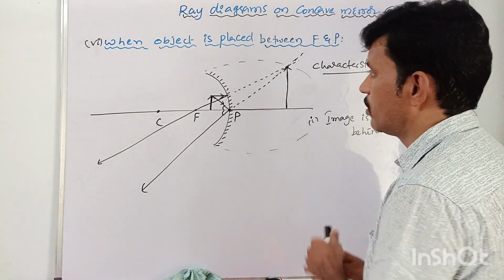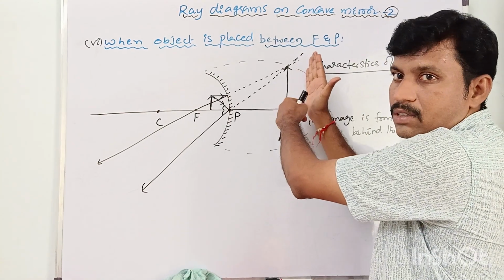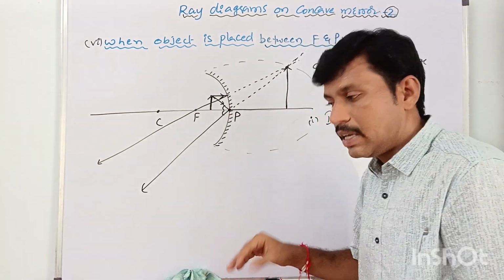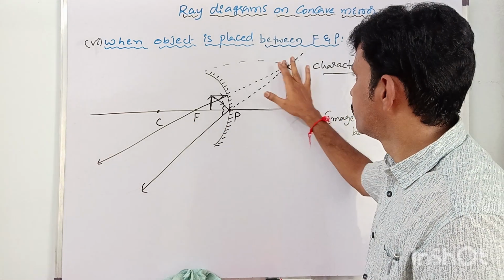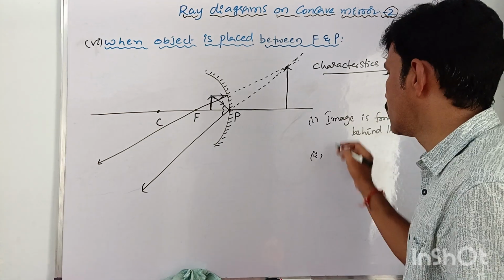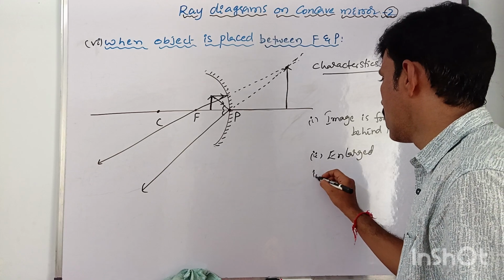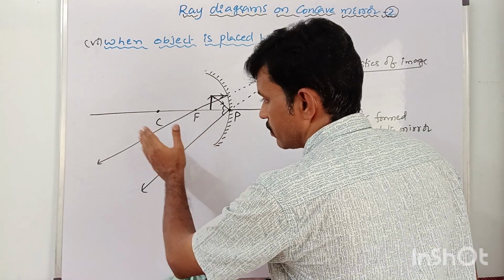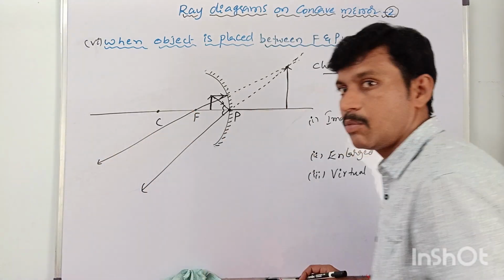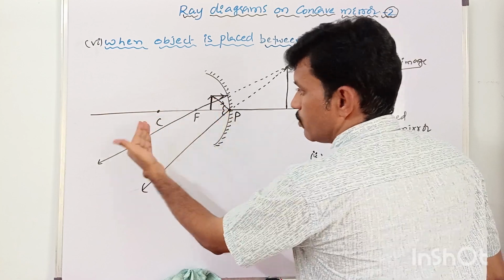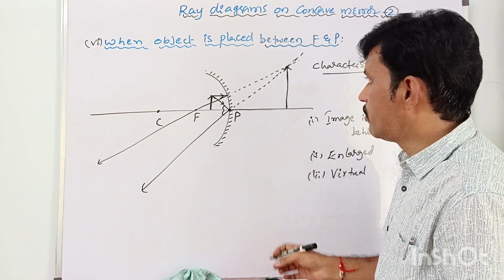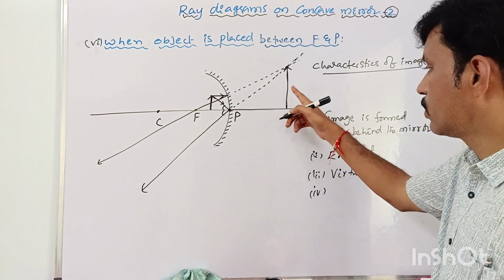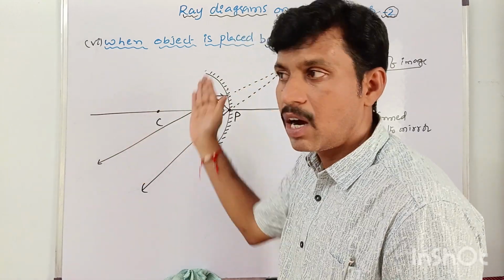It is a virtual image, which we can see in the mirror but cannot capture on a screen, whereas a real image can be captured on a screen. The image is not inverted like the previous ones; it has the same orientation as the object.